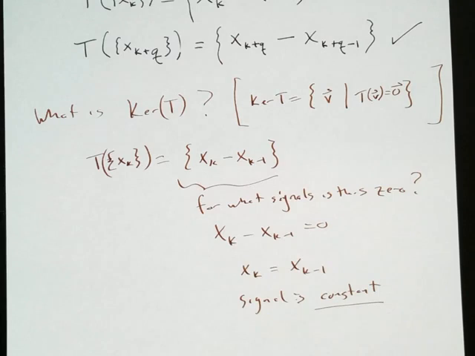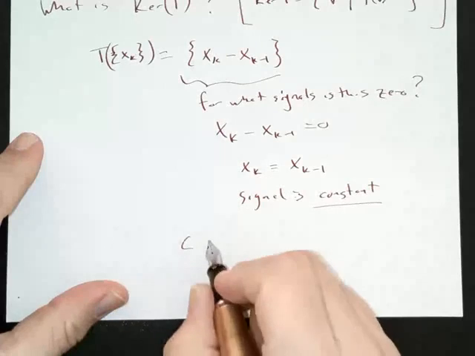But that means I know the kernel is a subspace. Kernel of a transformation is always a subspace. Because this is built off that one vector, it's a one-dimensional subspace. The set of constant signals is the set.